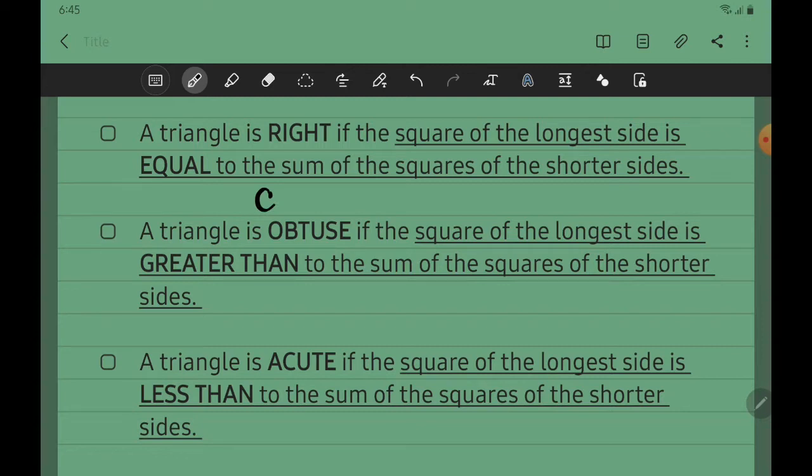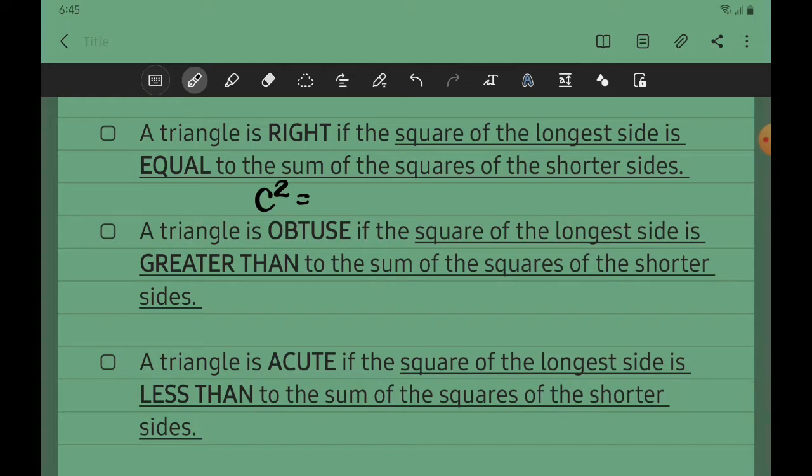And then, if we're going to get the square of the longest side, we may write it as c squared. And then, it says here that the square of the longest side, which is our representation c squared, should be equal to the sum of the squares of the shorter sides.